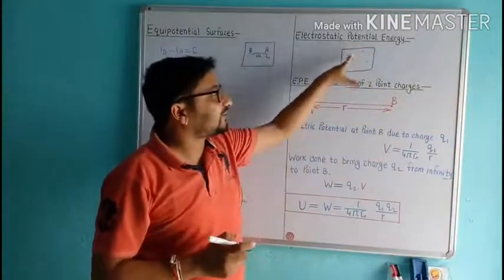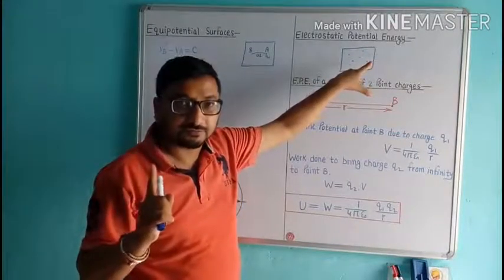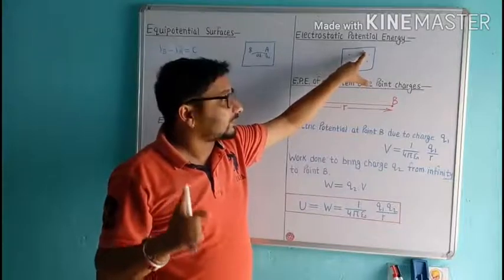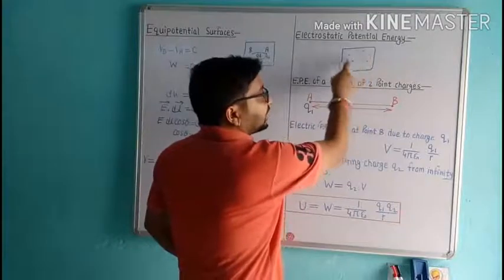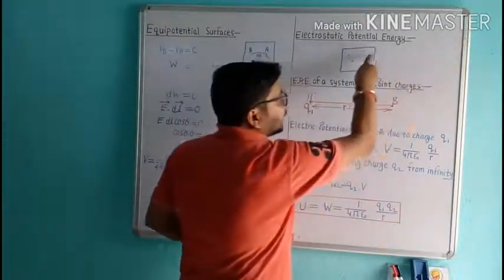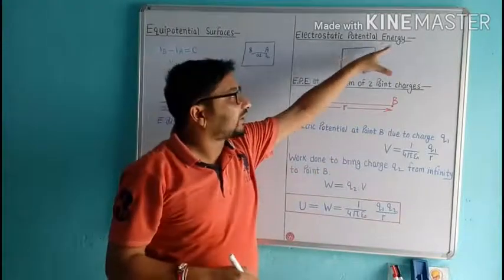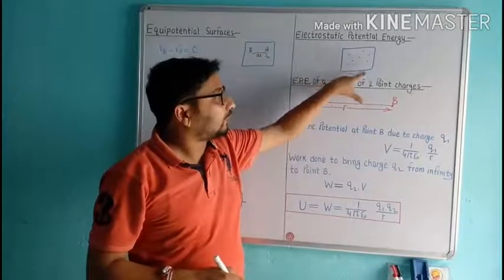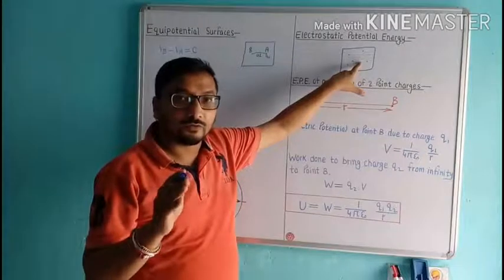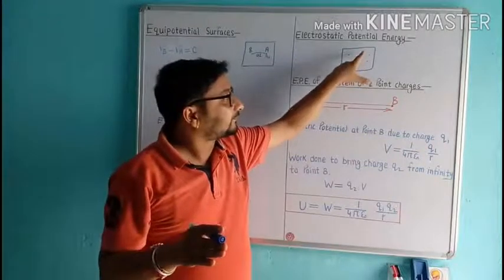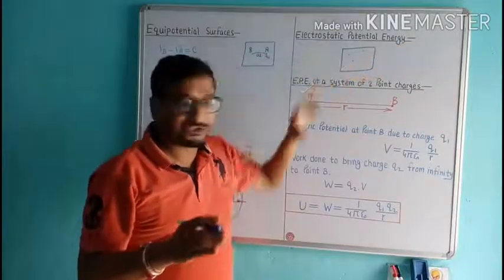Electrostatic potential energy of a system of point charges is defined as the amount of work done in bringing these various charges from infinity to their respective positions.